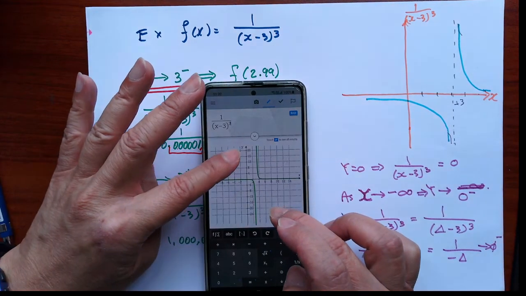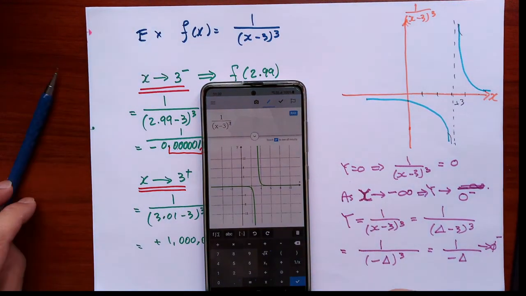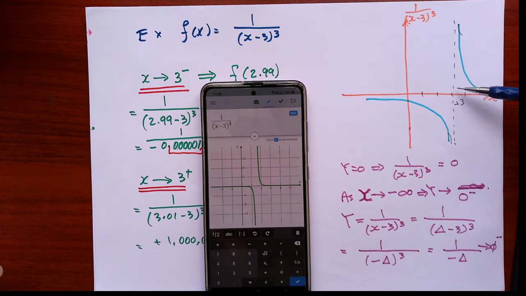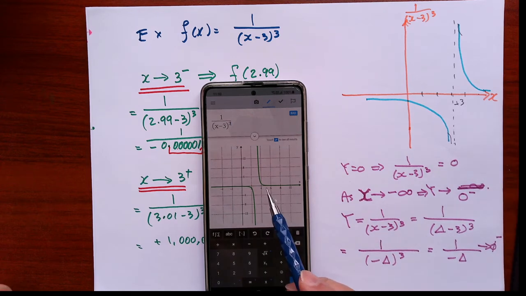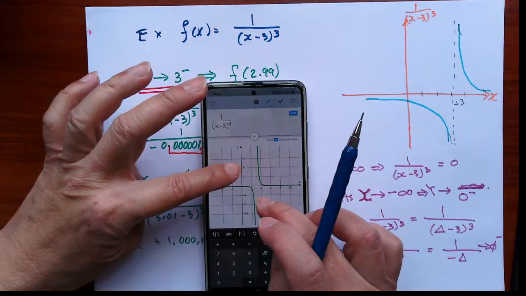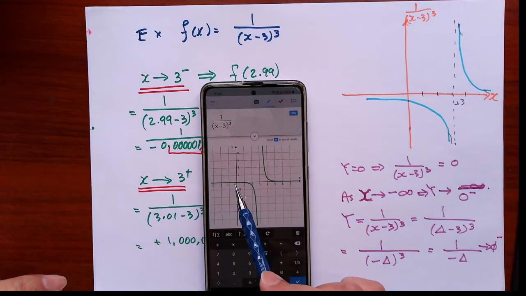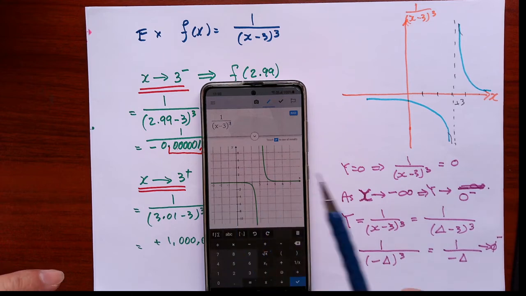So we can see from here we have an asymptote between 2 and 4, which is 3, which is the asymptote. And then we can see that it approaches 0 at the x-axis. That means at the value y equals 0.